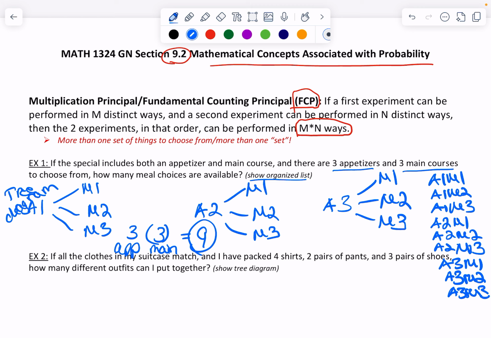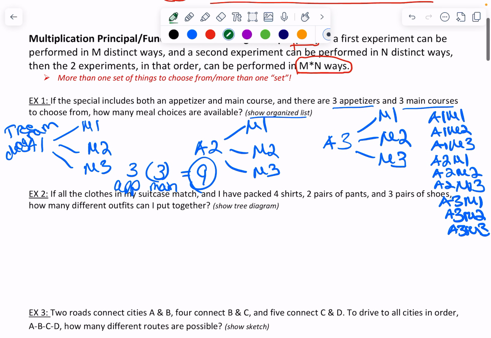Okay, let's look at the second example. If all the clothes in my suitcase match and I have packed 4 shirts, 2 pairs of pants, and 3 pairs of shoes, how many different outfits can I put together? Here's the tree diagram. I'm actually going to do it this way.